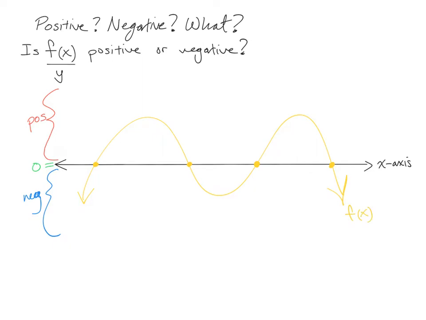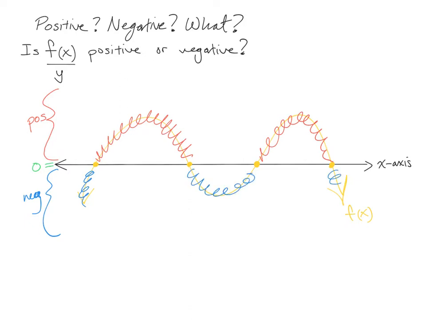If we were trying to figure out where the function was positive, that means we're just looking at this graph at anything that's above the x-axis. So it's positive here and here. Pretty easy. If the function was negative, that'd be anything below the x-axis. So here, here, and here. And forever this way, to the left and to the right.